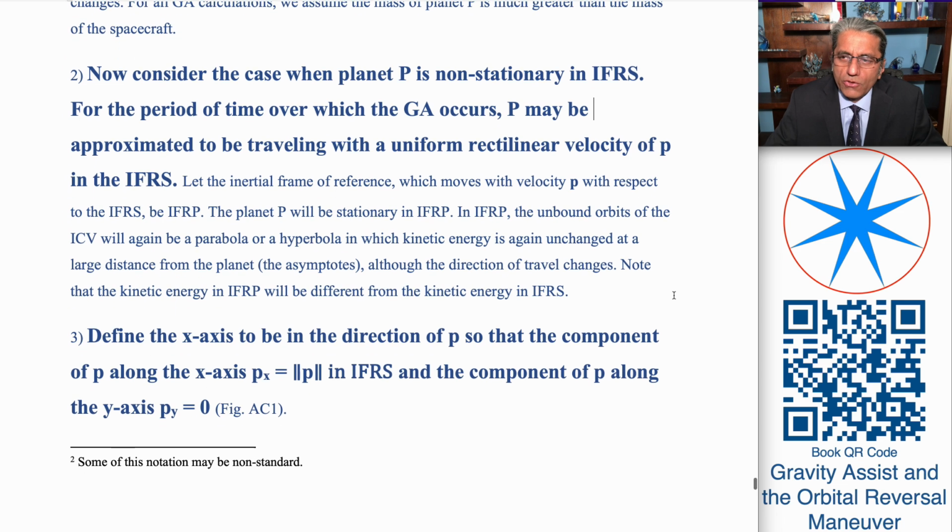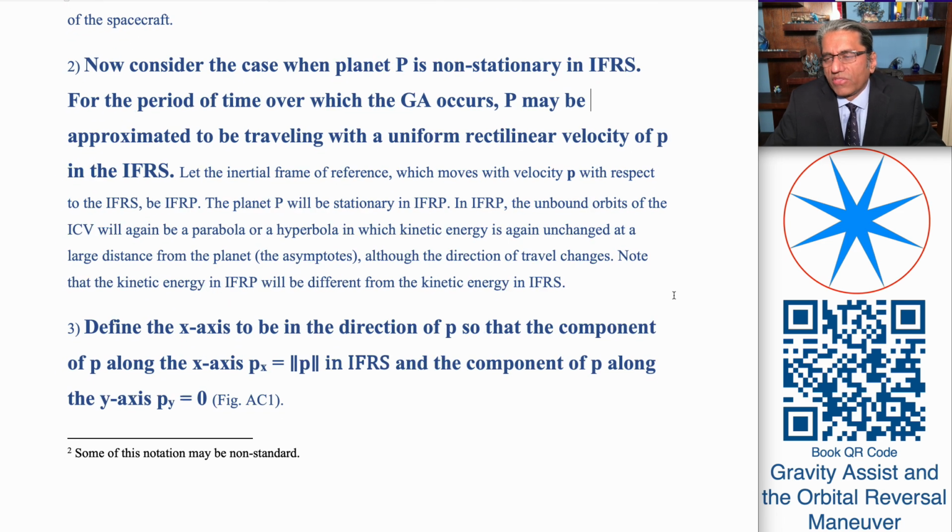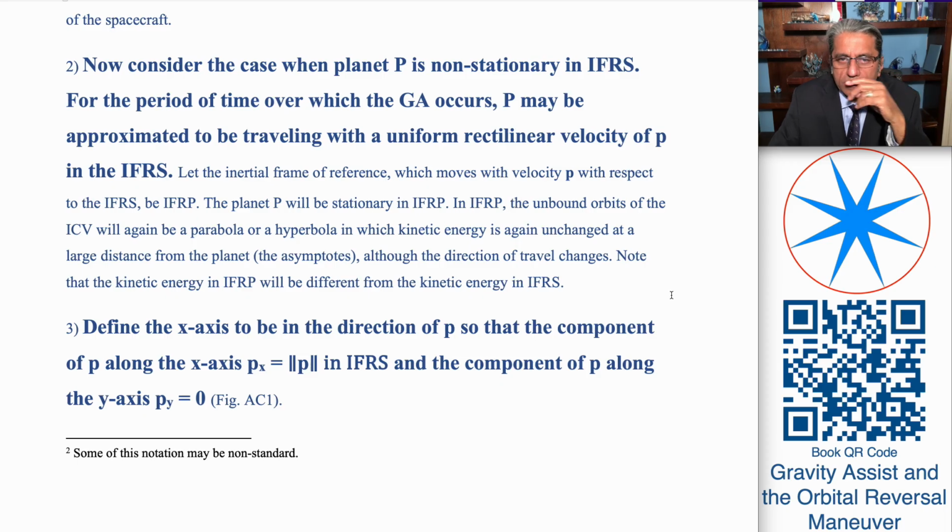The next thing that you do is, normally when you're thinking of the spacecraft, you really think of the solar inertial frame of reference, because the spacecraft has taken off from Earth, traveling towards, let's say, Jupiter. So the thing that is stationary in this frame of reference is the sun. However, to understand gravity assist, you should change your frame of reference to the planet frame, the planet which is going to give you the gravity assist.